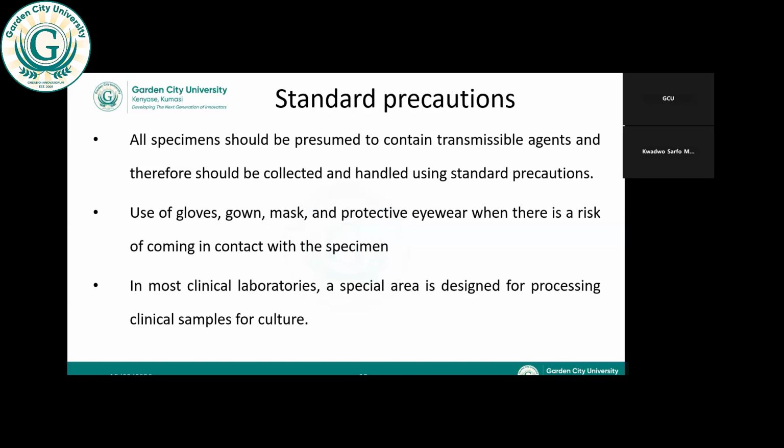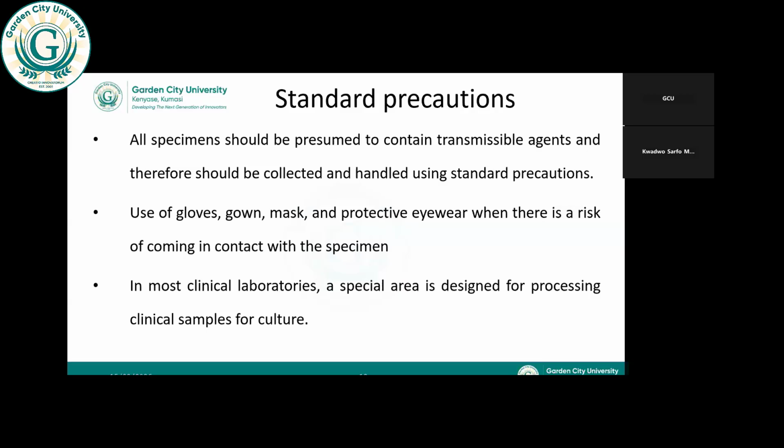So have at the back of your mind that you should protect yourself, and that precautions are very important. Wear gloves, your gowns or the lab coats, the nose mask, protective eyewear. In some cases, you need to wear them.